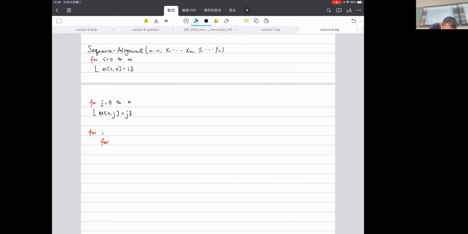For I from 1 to m, and on the other hand for j equals 1 to n, we are going to have the value M ij equals the minimum of alpha xi yj plus M I minus 1 j minus 1, delta plus M I minus 1 j, and delta plus M I j minus 1.